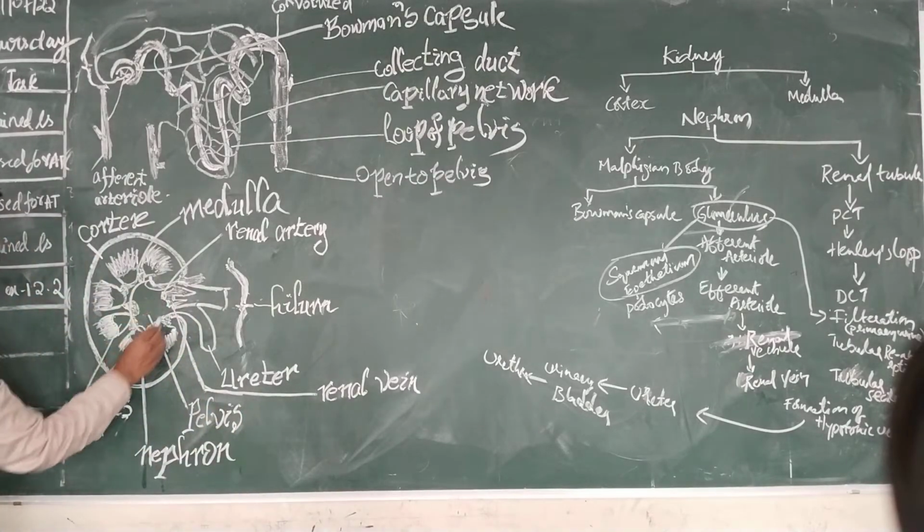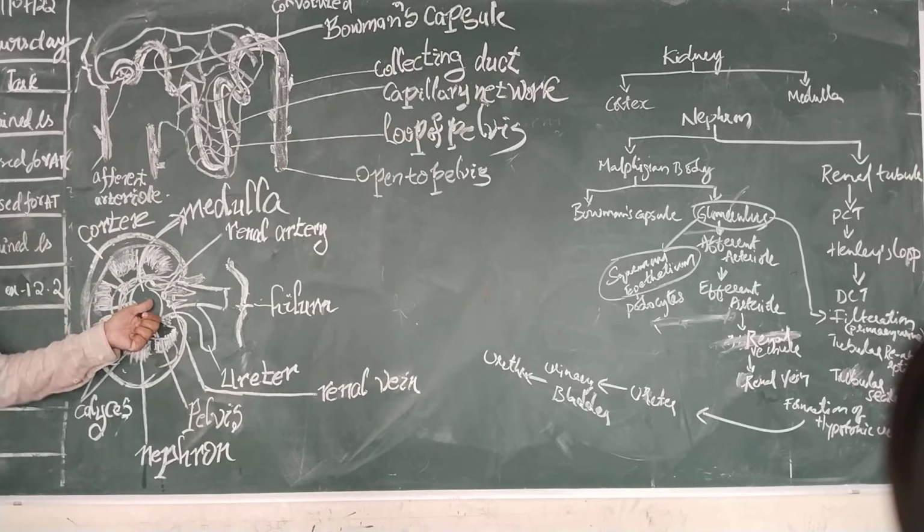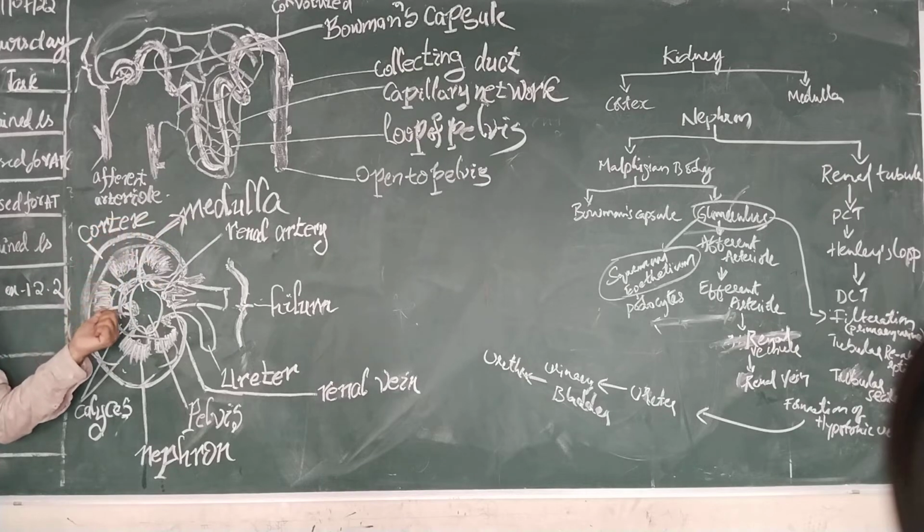This portion is medulla, and the remaining outer portion, excluding this one, is cortex. If you have seen a goat's kidney, not liver, kidney, you can see the whitish portion which we call medulla, and the outer portion which is dark reddish in color is cortex.